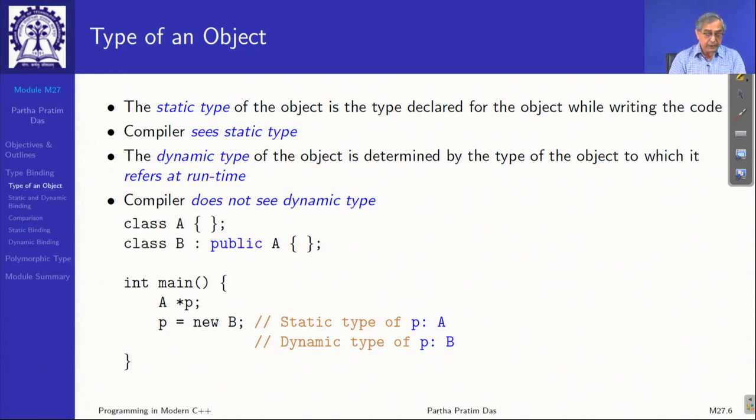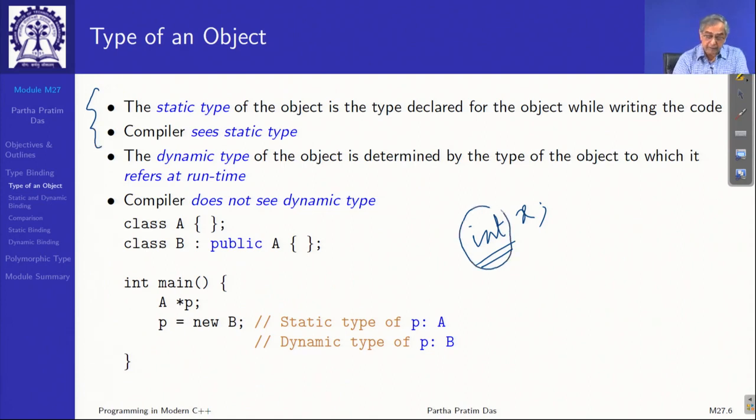That is, we say int x, and you know the type of x, that is integer. So, the compiler knows that, accordingly the compiler allocates memory, accordingly the compiler allows operations, the casting and so on and so forth.